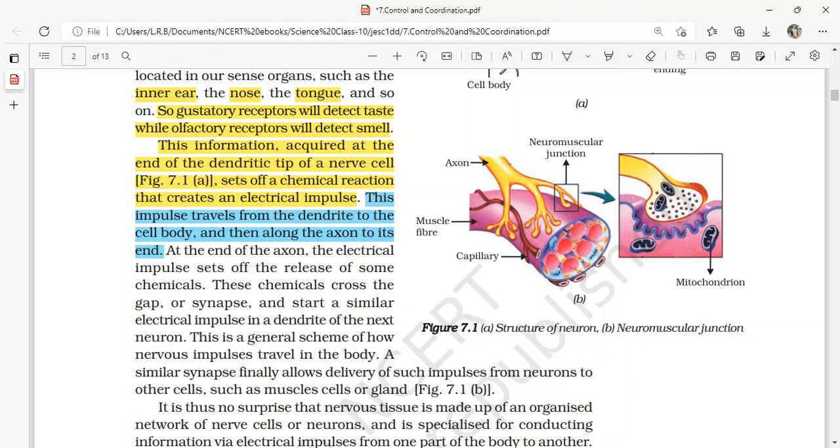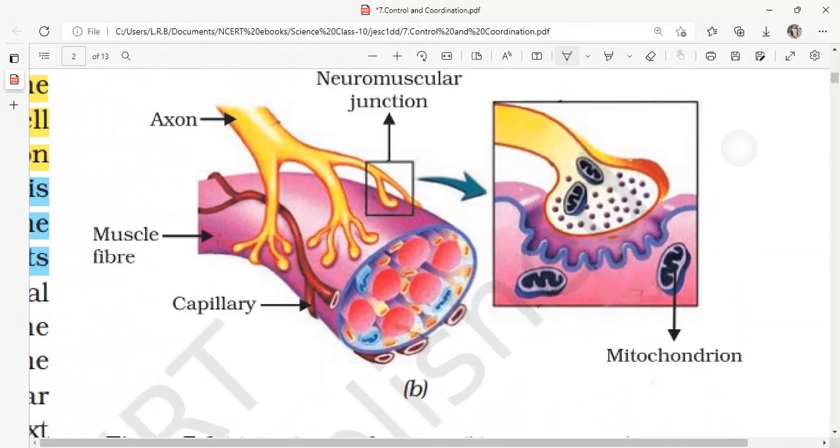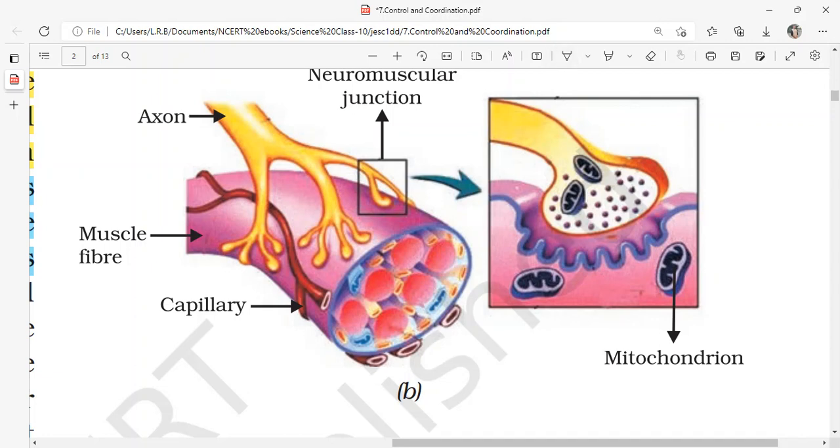At the end of the axon, the electrical impulse sets off the release of some chemicals. Let us observe this in the diagram here. This is the ending of a nerve cell, isn't it? This region, like a knob, is called a synaptic knob.